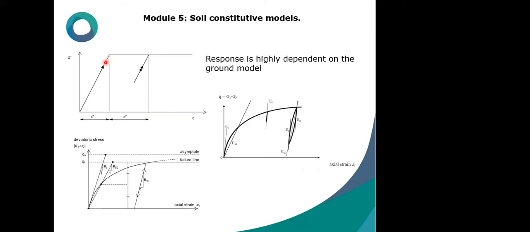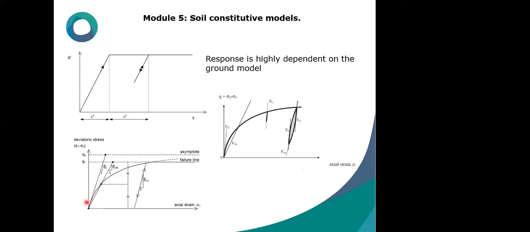The loading and unloading paths are similar in this model, and it is definitely not proper to describe the seismic behavior of underground structures, because it cannot produce hysteresis loops and damping, and it also cannot see the interactions properly. This diagram at the bottom shows the hardening soil model behavior.